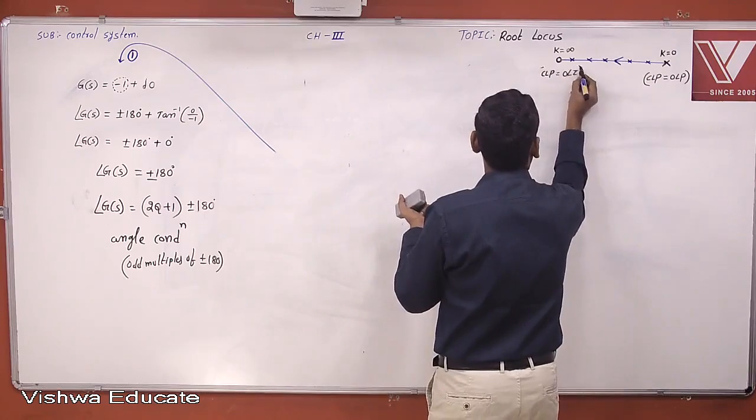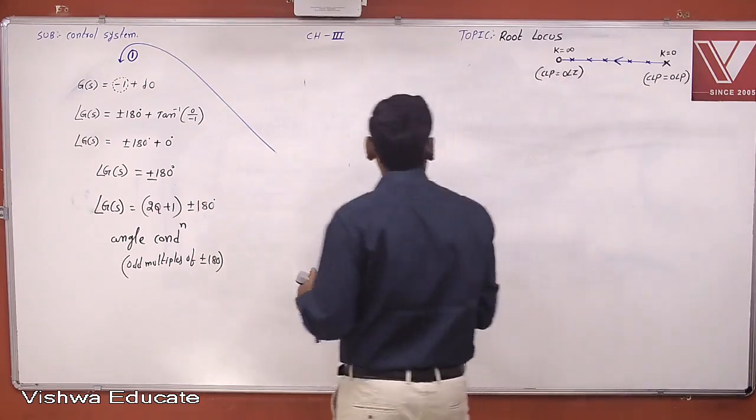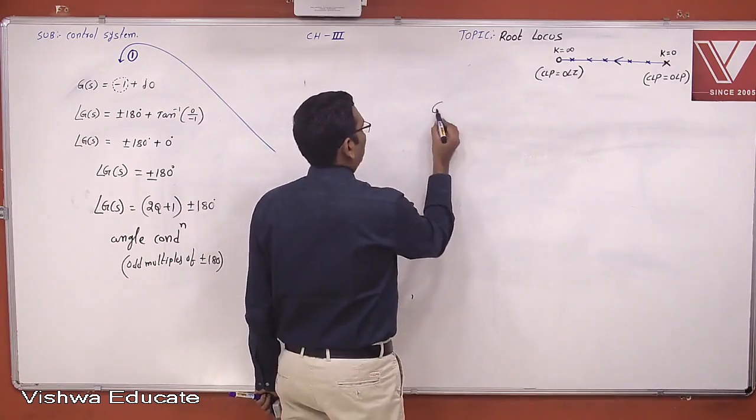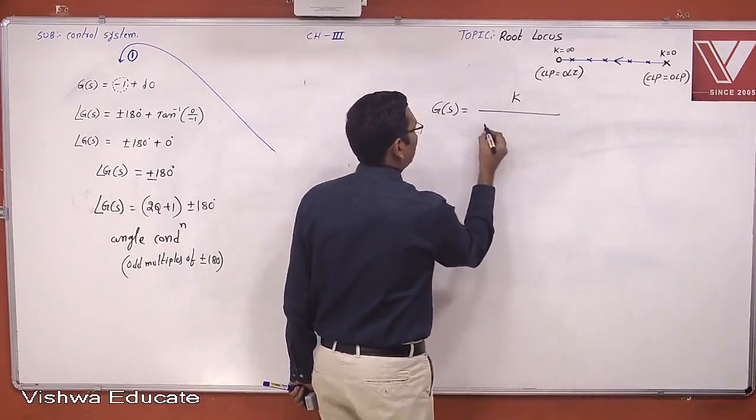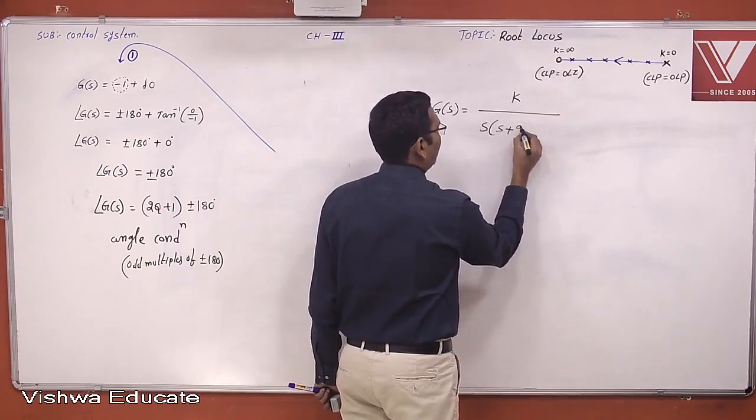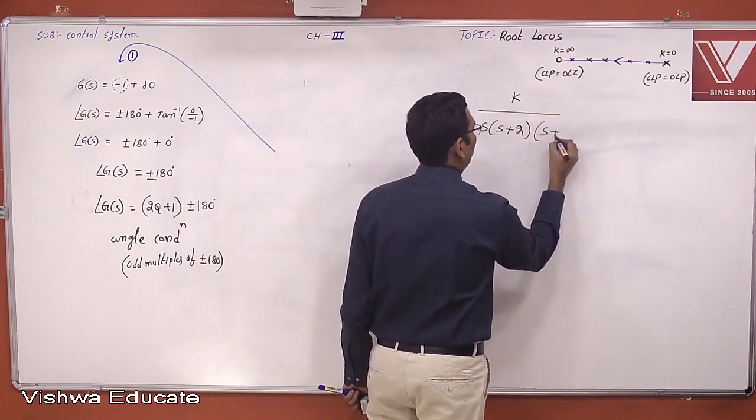Now he is giving one transfer function, G of s equal to K by s into s plus 2 into s plus 4.